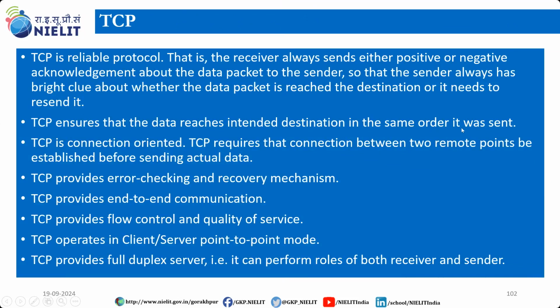So basically TCP sends data in a sequential manner. There is a sequence number assigned by the TCP protocol. The entire data is divided into smaller segments, and each segment has a sequence number. So one by one, they reach the destination machine in sequential fashion.